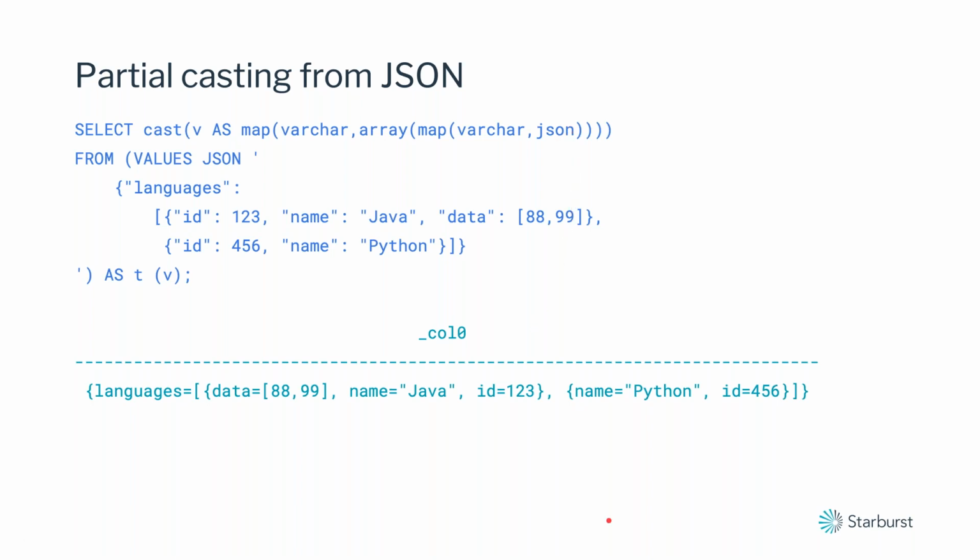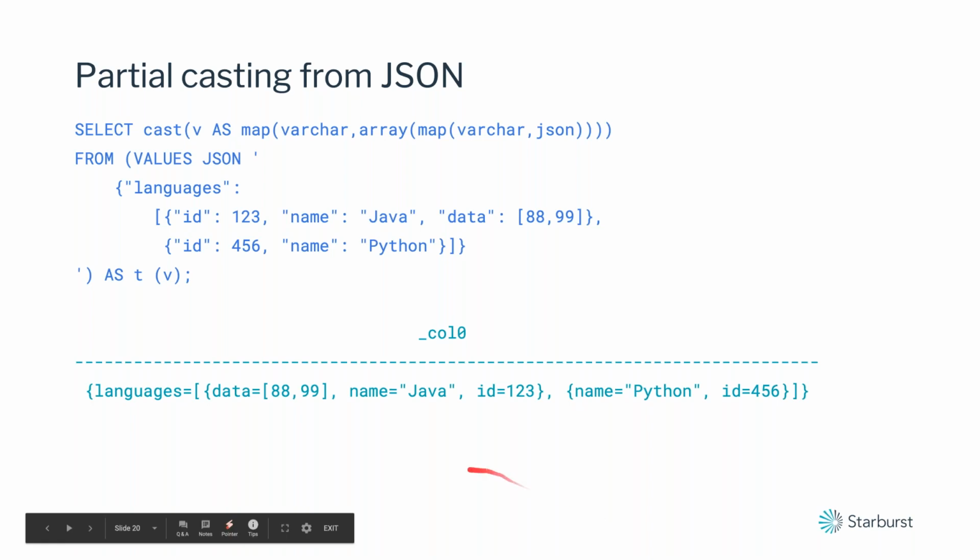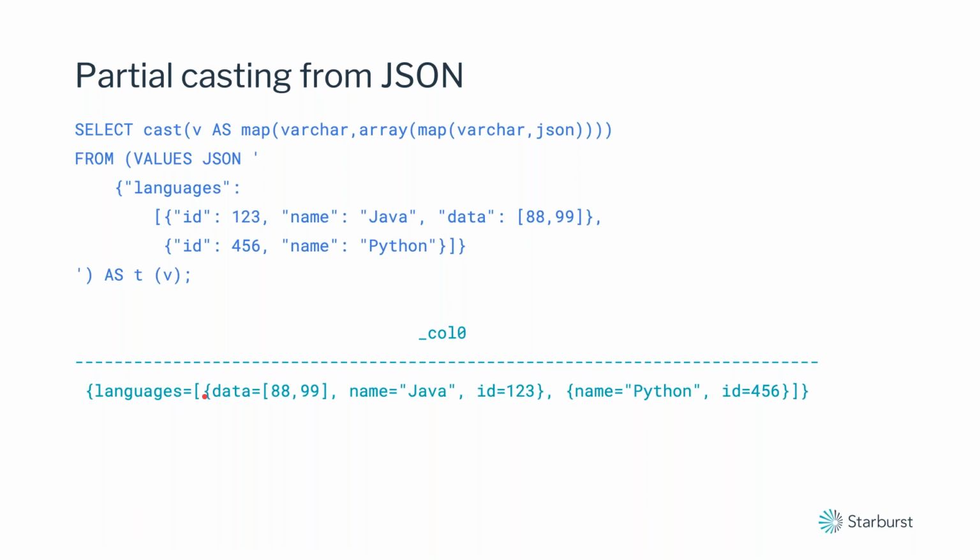This is a pretty powerful technique, say when you're processing log data where the format has changed over time. You need to be able to deal with the changing data types inside. And then we can see that the cast works. We get an array with a map where the inside of it is JSON.